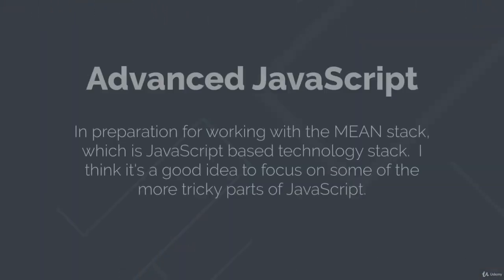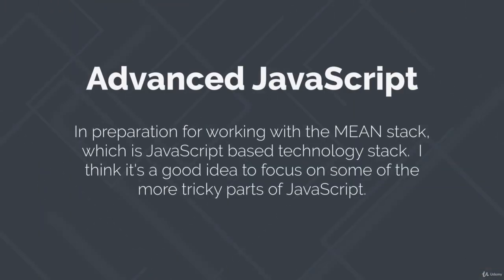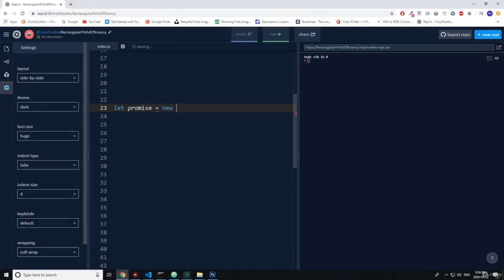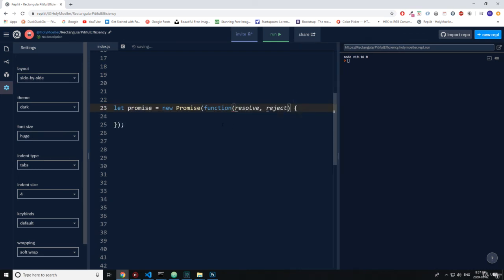Before moving on to the back end, I want to spend one more section covering advanced JavaScript. Because a lot of the work in the back end will revolve around writing JavaScript code, I think it makes sense to learn some of the more intermediate or advanced JavaScript features such as promises, object destructuring, functional array methods, things like arrow functions, stuff like that.